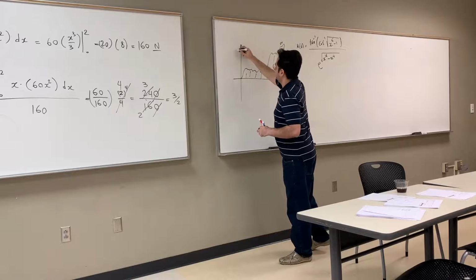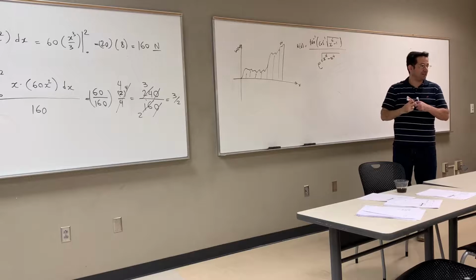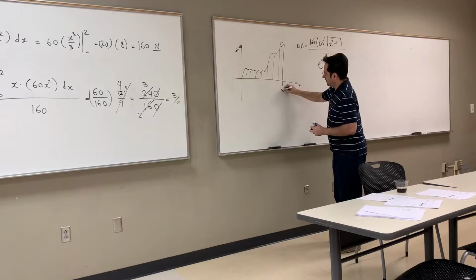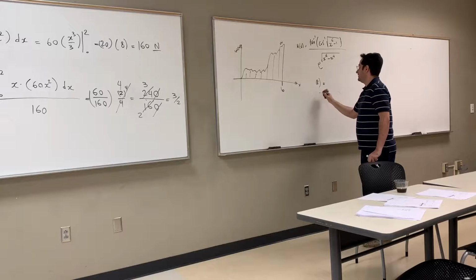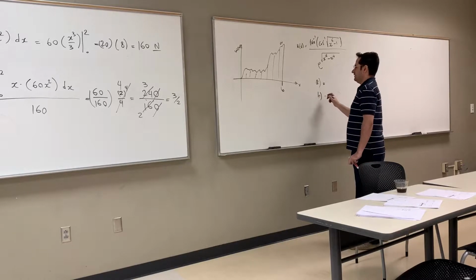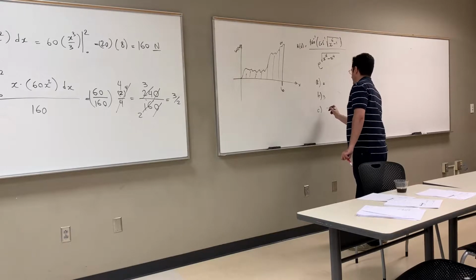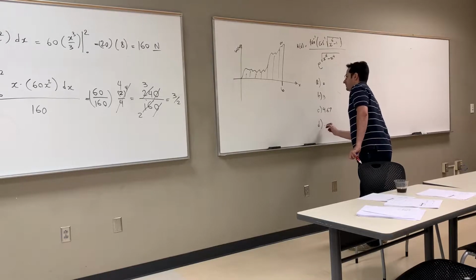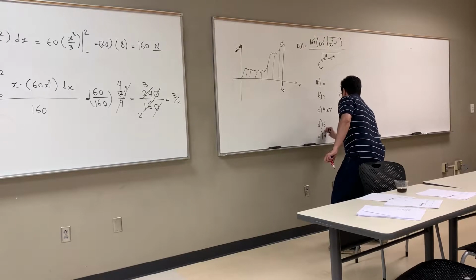X omega. And also, I give you the answer. I don't say, give me the answer. I give you the answer. So these are the options. Let's say from here to here is 6, and the answers are A, 0, B, 3, C, 4.67, D, 6, and E is 6.67.